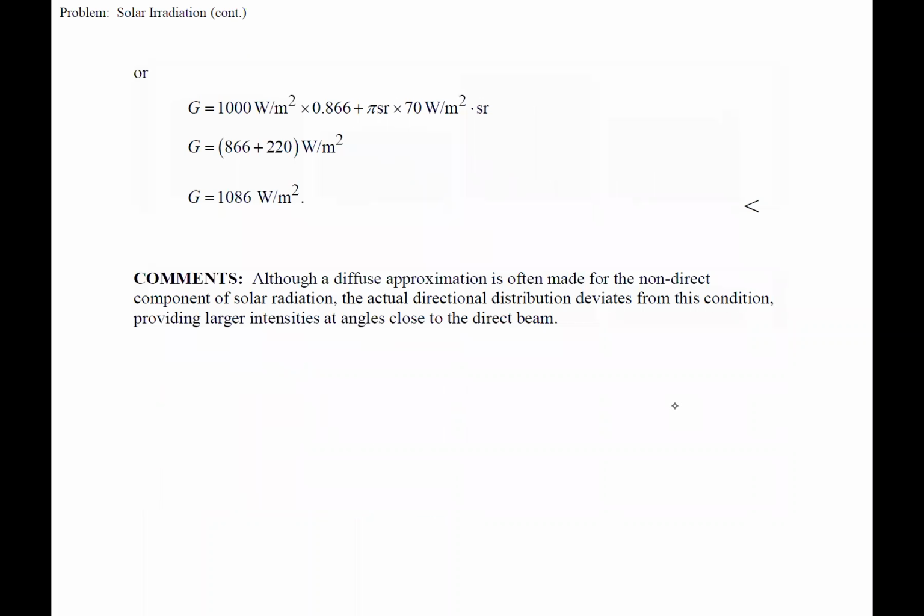So we get that 1000 and then 0.866 comes from the cosine 30. And then we have that pi steradians, and then this. So we add those direct and diffuse together, and we get the total, which is 1086.